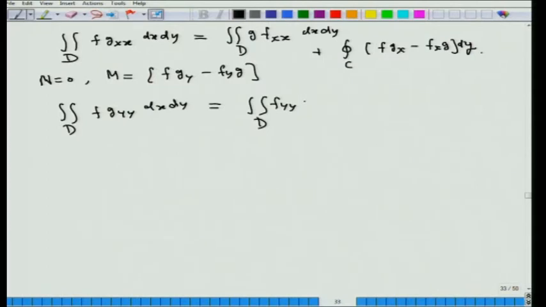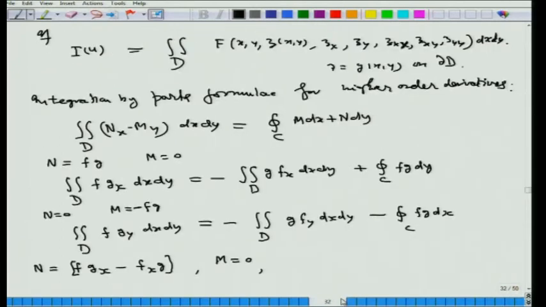This g f y y, and then minus over this f g y minus f y g dx.